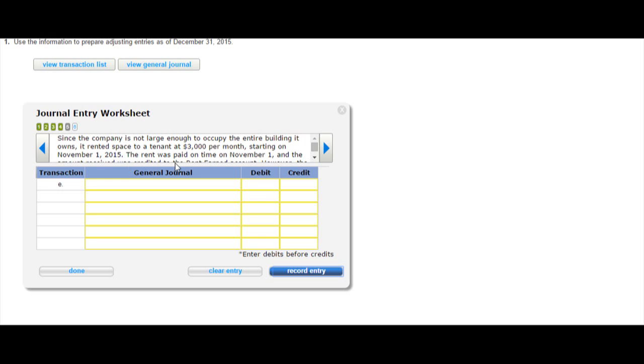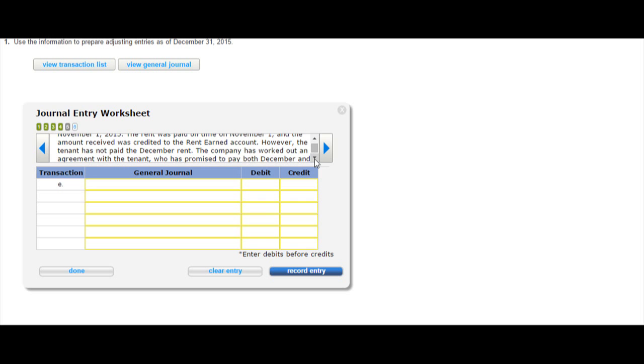Since the company isn't large enough to occupy the entire building it owns, it rented space to a tenant at $3,000 a month starting on November 1st. The rent was paid on time on November 1st. Amount received was credited to the rent earned account. They didn't pay the December rent. The company has worked out an agreement with the tenant who has promised to pay both December and January on January 15th.